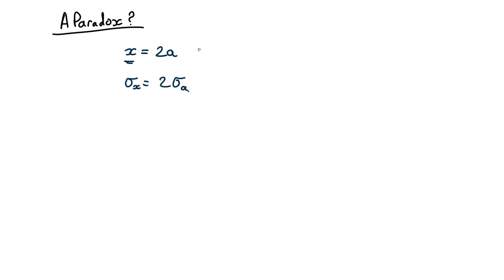But if x equals 2a, then surely it's a plus a, because that's what 2a is, isn't it? So why not use the addition equation? If we use the addition equation, that would tell us that sigma x squared equals sigma a squared plus sigma a squared.